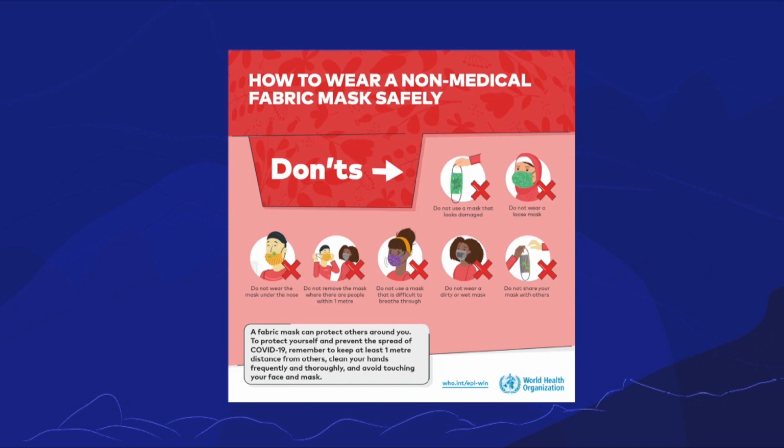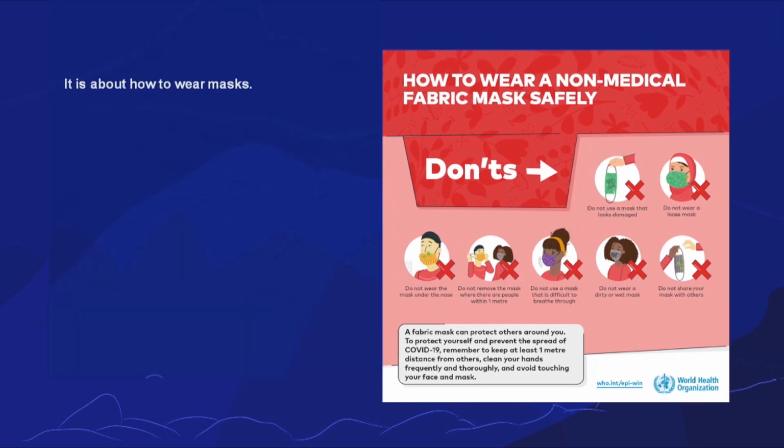O que nós já sabemos sobre ele? What do you already know about it? It's about how to wear masks. It's an infographic. It has information and pictures. Now, look at this part of the text. Don'ts.